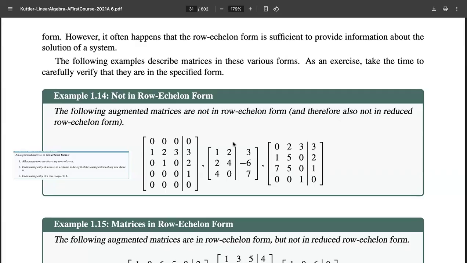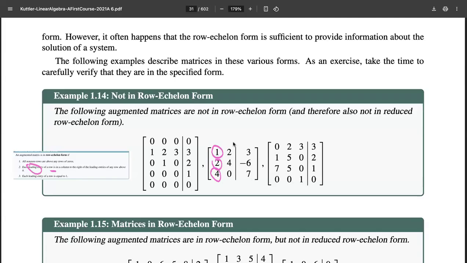Recall the definition of a leading entry is the first non-zero number in each row, right? So in this case, it's going to be 1, 2, and 4 for the first, second, and third row respectively. But recall the second condition, that each leading entry of a row is in the column to the right of the leading entries of any row above it. And this is clearly not satisfied over here, right?